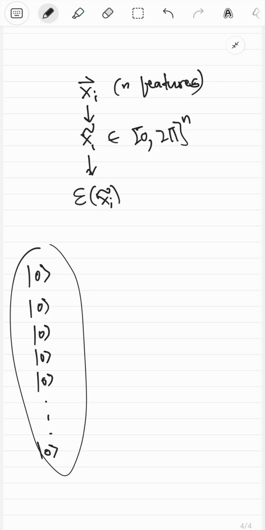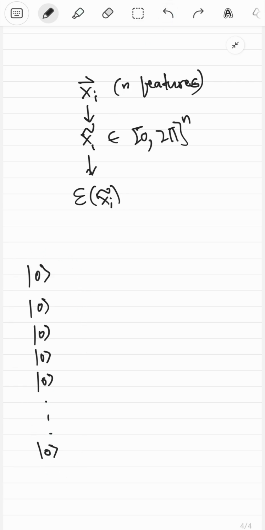So this is a register of m qubits with the 0 ket state. Then you apply the quantum gate on our register. There's no actual circuit as such. It's just a bunch of operations that our machine does.